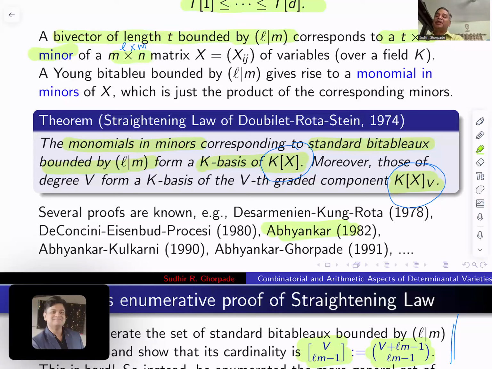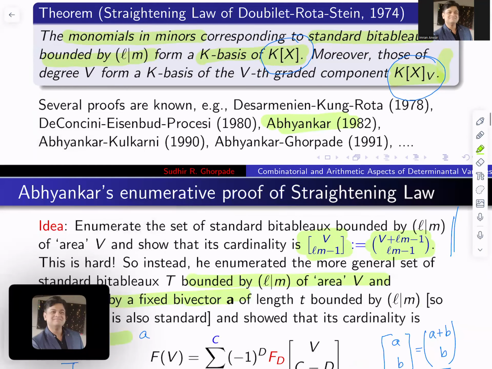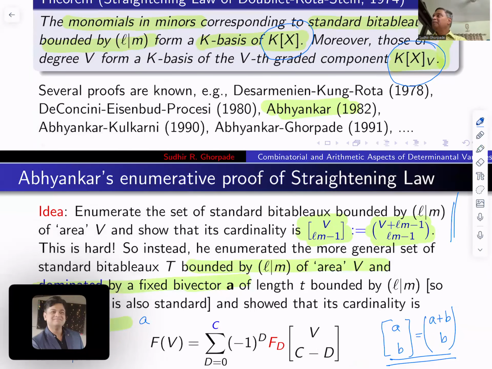He looked at the graded component and at standard bitableaux bounded by L and M for which the monomial in minors is of degree V, that is to say the standard bitableau is of area V, and showed that its cardinality is the dimension of this graded component, which is a well-known binomial coefficient, namely this here. And then he showed that these things generate.